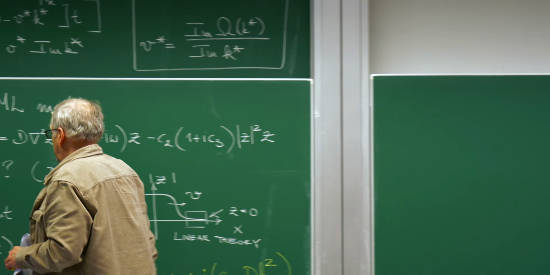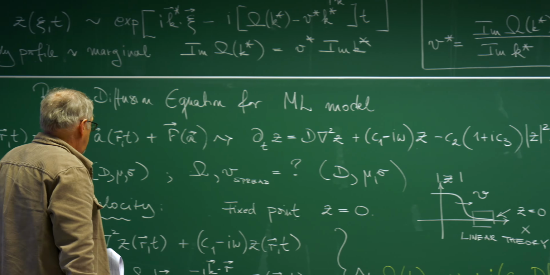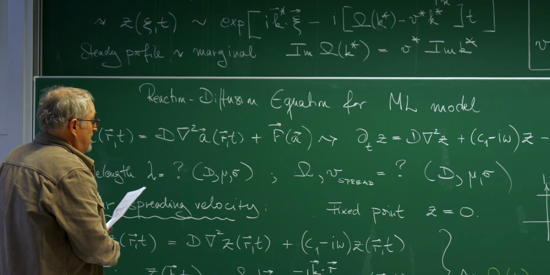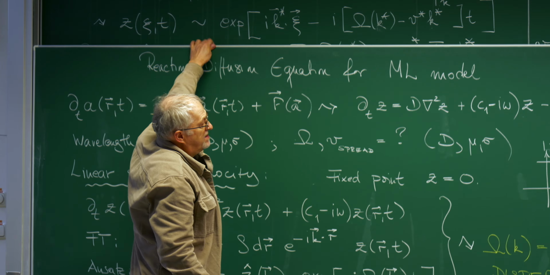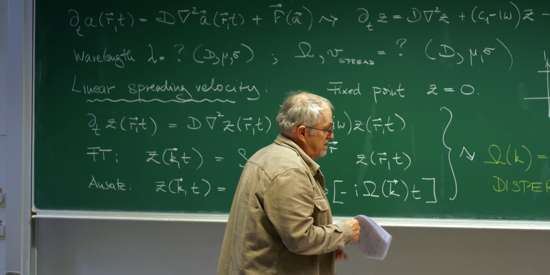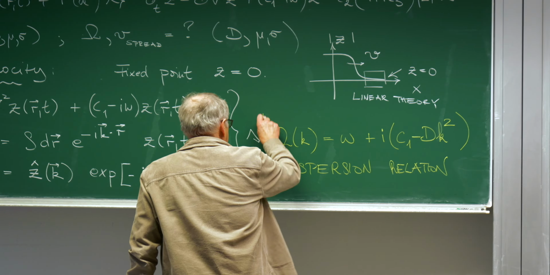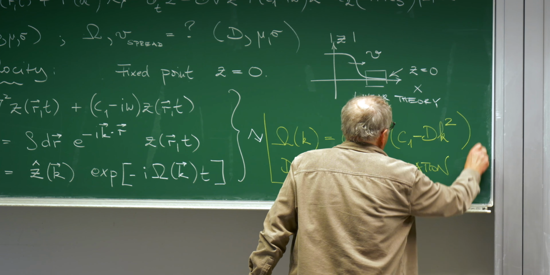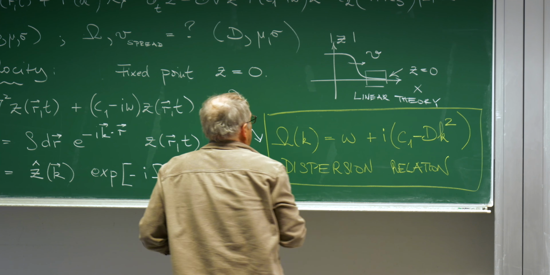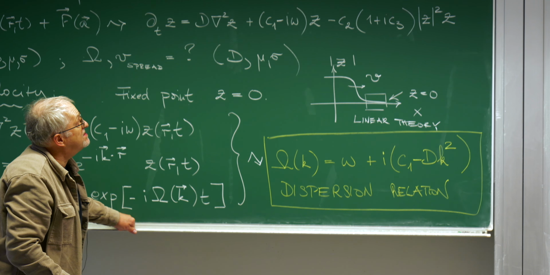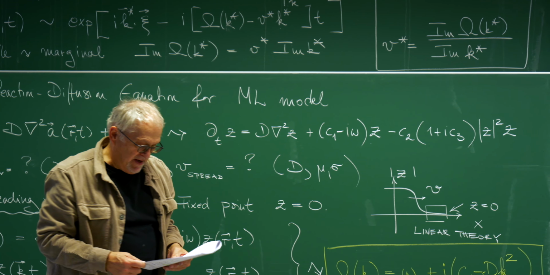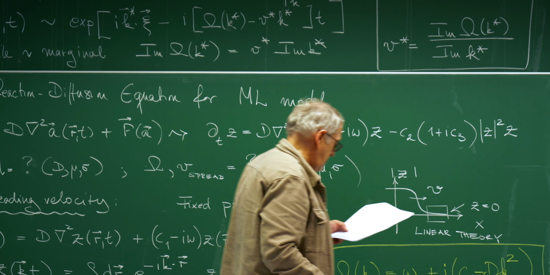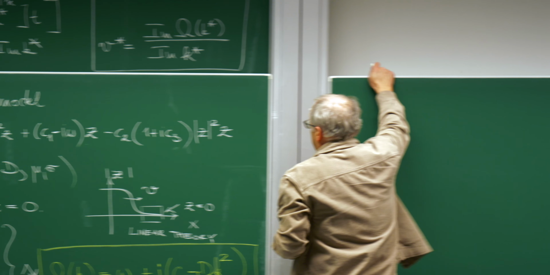This is the general scheme. Here below you do find the particular realization of that. So the omega that we have is this here. And we combine this dispersion relation now with those two conditions to get the saddle point and, more importantly, the spreading velocity.